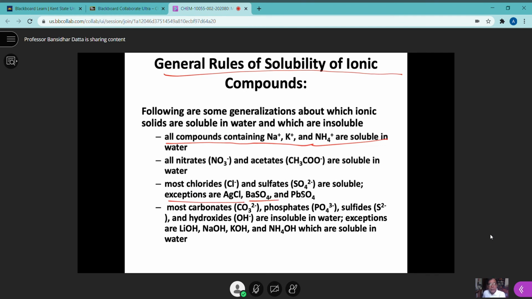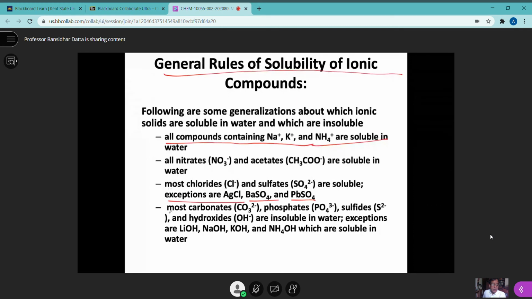That's an exception. Likewise, lead chloride, lead bromide, lead iodide, or any kind of lead compound with these halogens is soluble in water, but lead sulfate is not. So you have to remember these exceptions. Most chlorides and sulfates are soluble, but silver chloride, barium sulfate, and lead sulfate are insoluble.